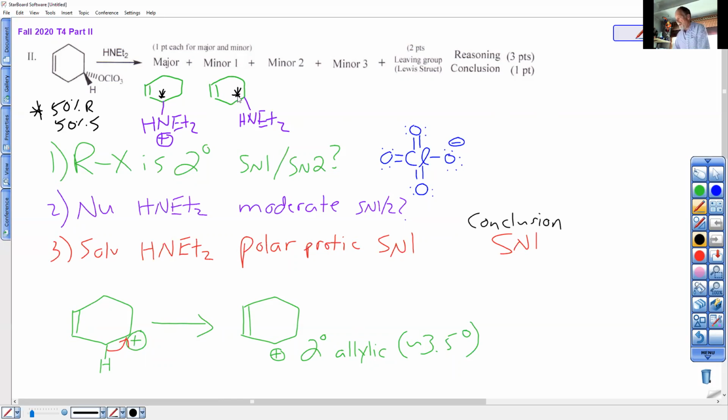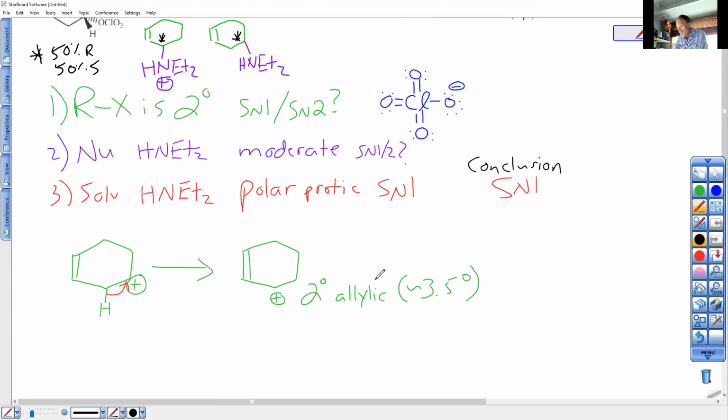Now, the minor products arise from the elimination reactions. From a carbocation, you can remove a beta H from here or here. That's 2 different products. This one, you can only remove a beta H from here because you're not going to remove another H here to make a double bond with an sp carbon in it. You can't do that in the small ring.